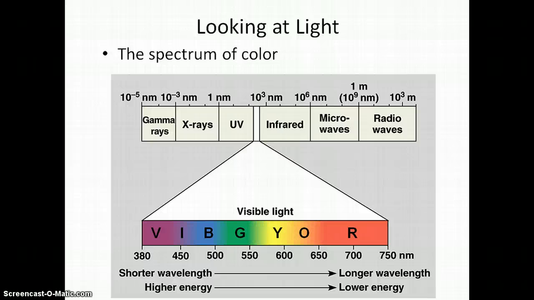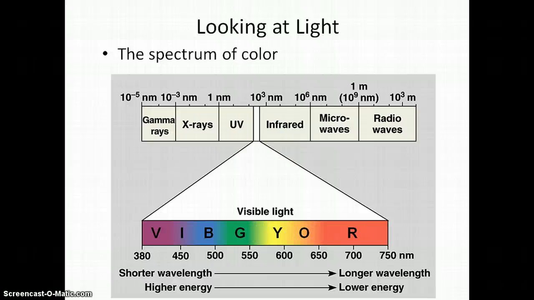Looking at light, we have the spectrum of color, which is our visible light. So when we see white light, as you already know, I'm sure, it's actually a mixture of all these different colors of light, ranging from the blues to the reds. And that's considered our visible light.